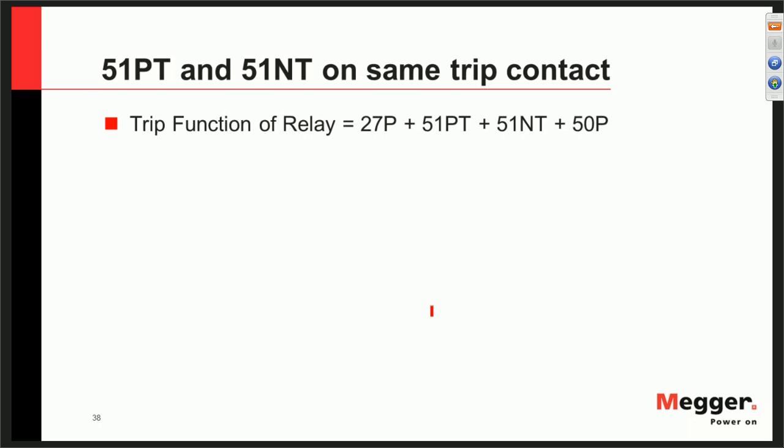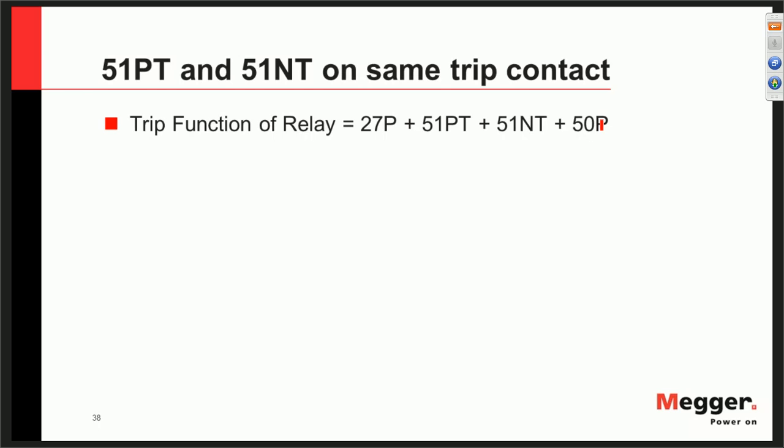Let's take now a second example of testing. This example says, if I have a 51P and a 51N element on the same trip contact, what it means is, let's say I have a microprocessor relay, and the microprocessor relay has a trip function which has these 4 elements: an undervoltage element, a phase overcurrent element, a neutral overcurrent element, and an instantaneous phase overcurrent element.